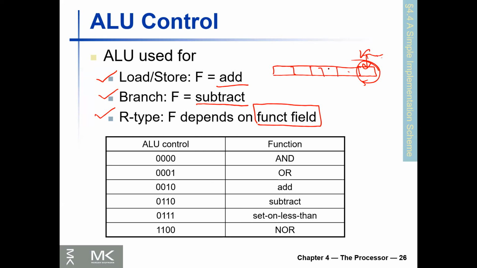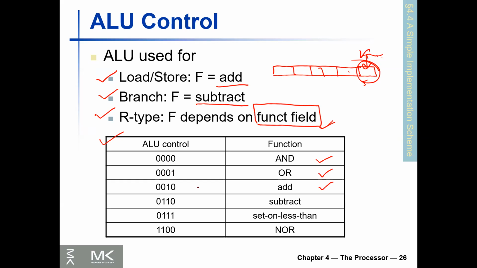So now see, ALU control is basically 4 bits, and these 4 bits are basically: if 0000, the function will be AND, because it depends upon the function field as I just said, okay. And then 0001, it will be OR operation. 0010, add operation.